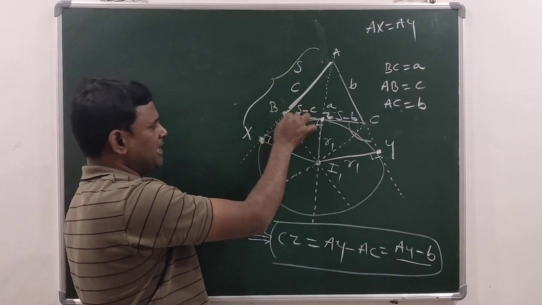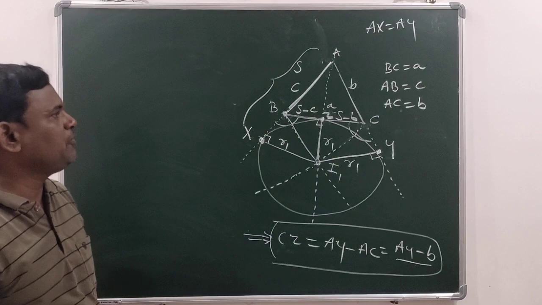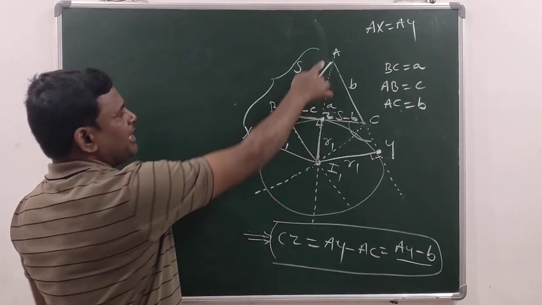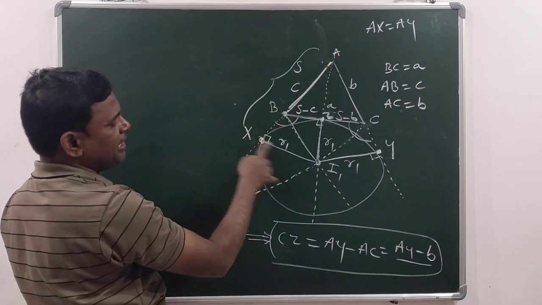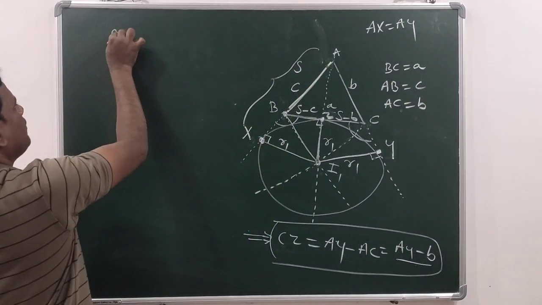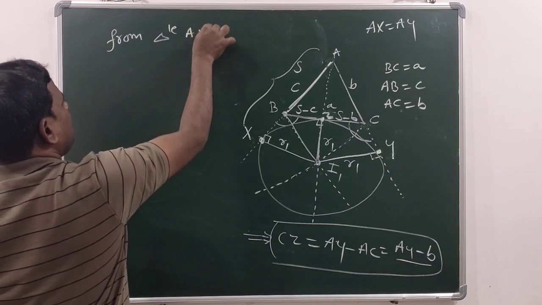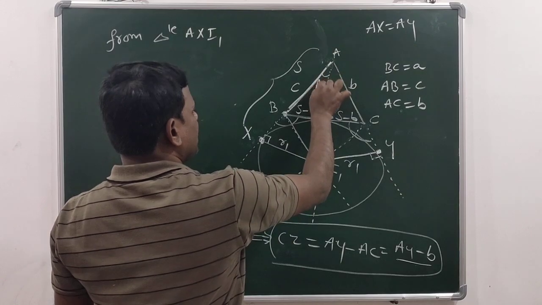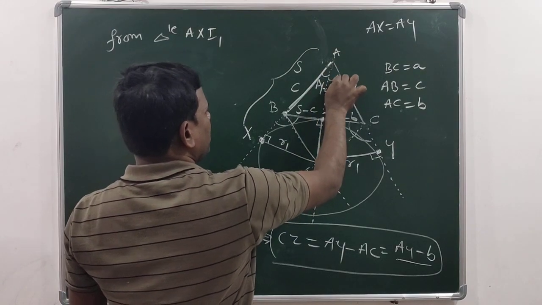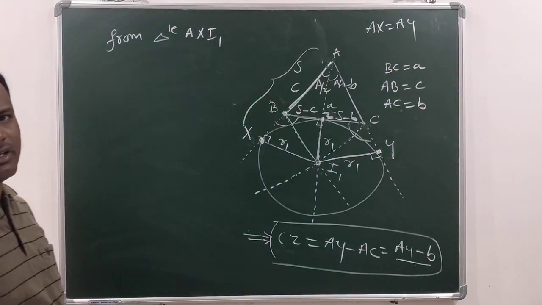So, hereafter, go to this triangle. Before going to that, take this triangle AXI1. From triangle AXI1, you know this is A by 2 and this will be A by 2 because this is the interior angle bisector.